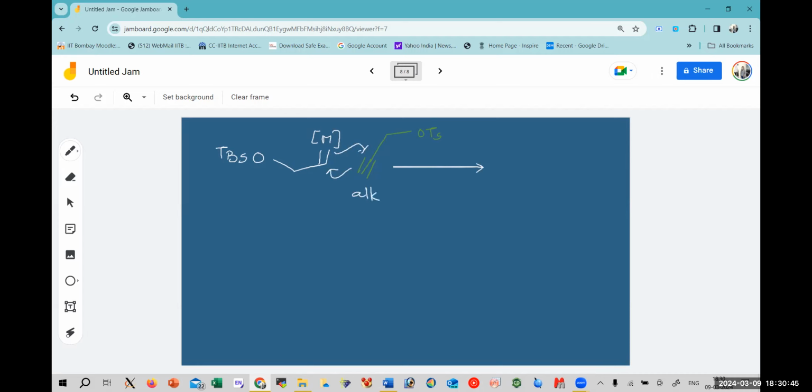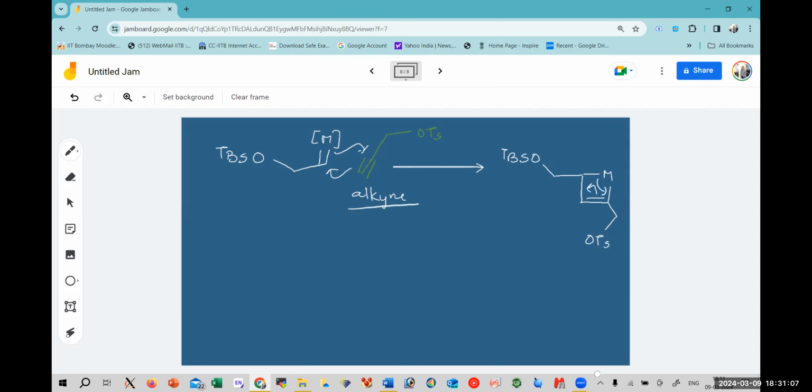So this part is your alkyne. Again, we will be having TBSO. So this is forming M. Here it is having a double bond and this OTs. Now rearrangement again starts.